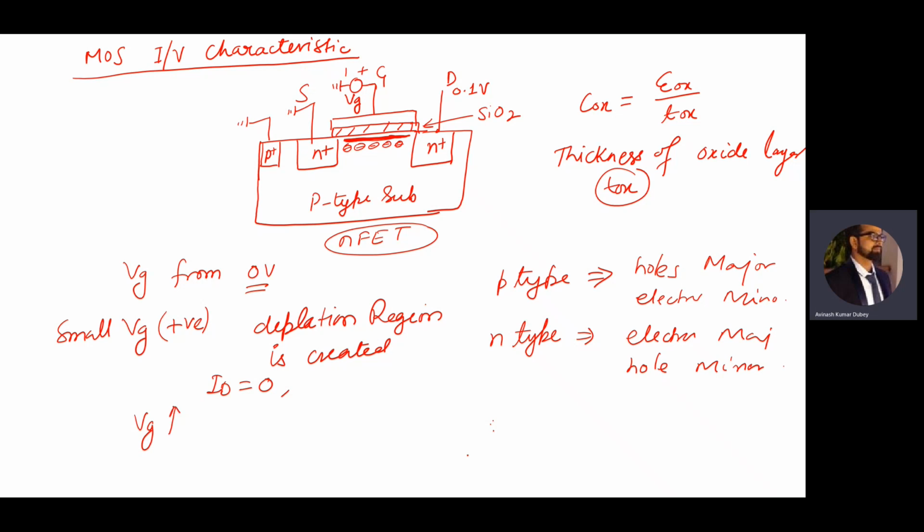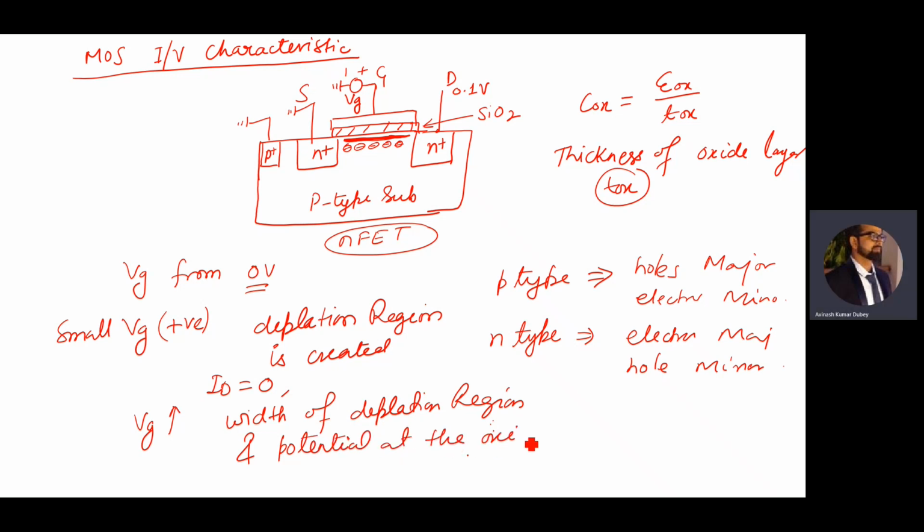The width of the depletion region and the potential at the oxide-silicon interface will increase. Both will increase while increasing the Vg.